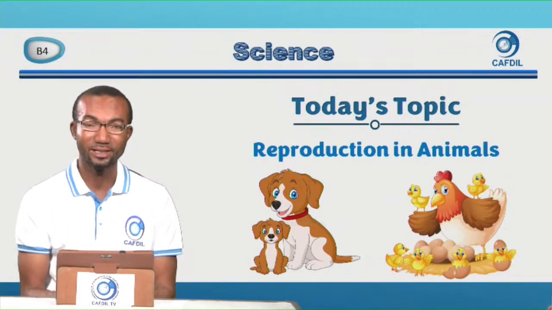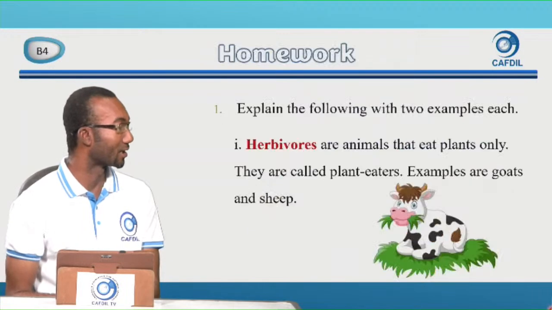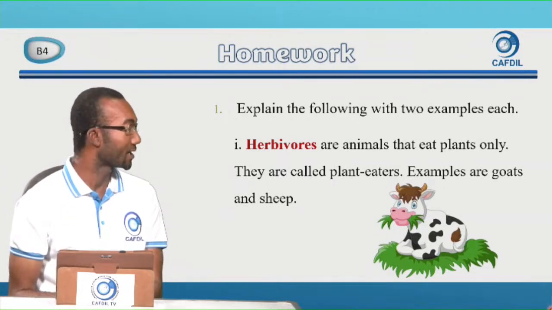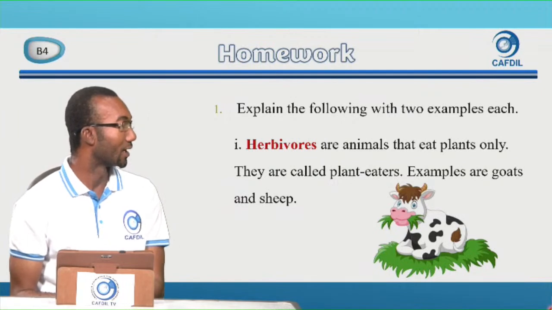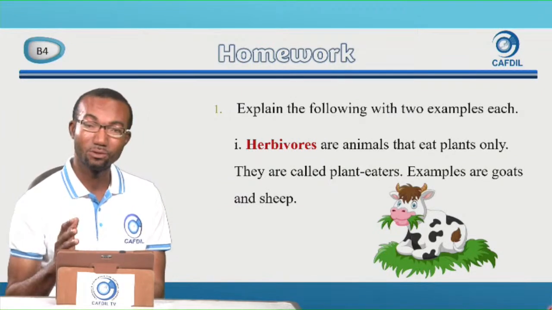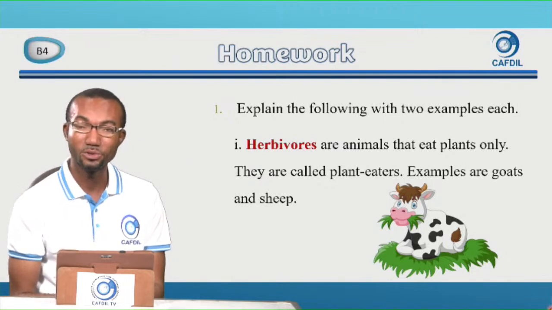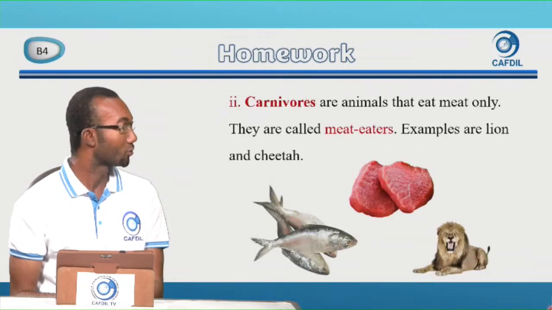But before we start, let's mark the homework you were given on nutrition in animals. 1. Explain the following with 2 examples each. The first one is herbivore, and they are animals that eat plants only. They are called plant eaters, and examples are goats and sheep. 2.